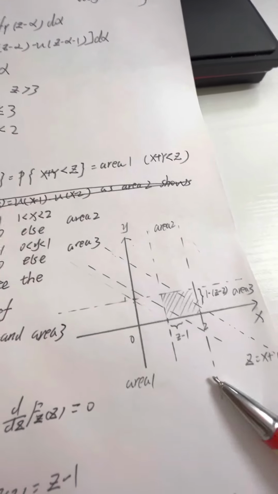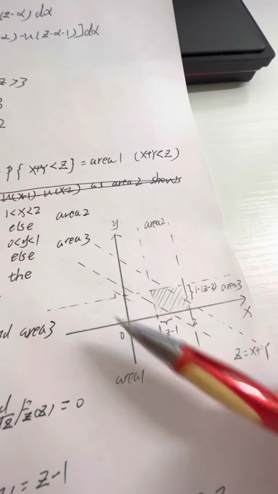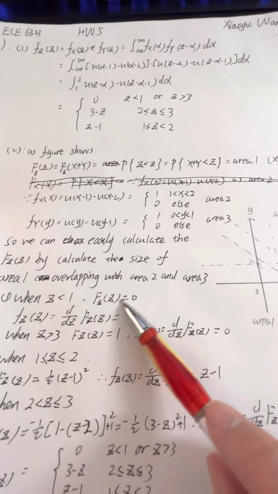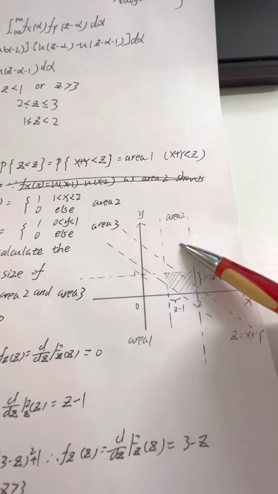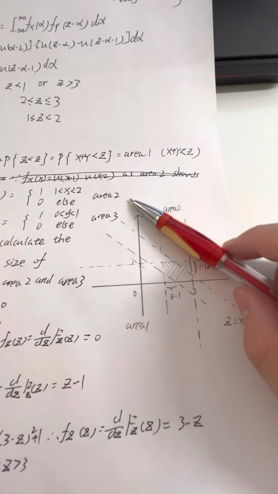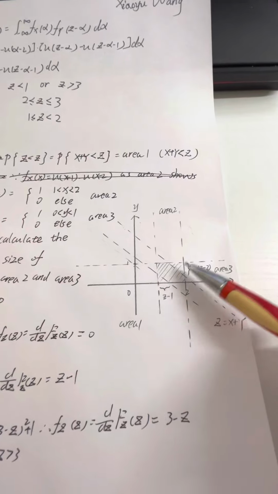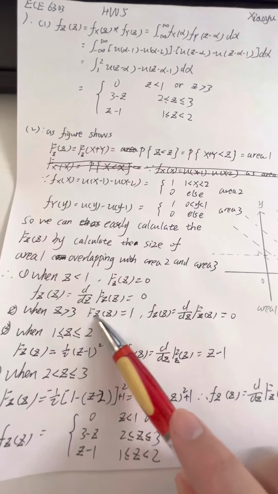When this line z moves, when z is smaller than 1, the probability is equal to 0, and when z is greater than 3, it can cover all this shaded area, so the probability of z here equals 1.